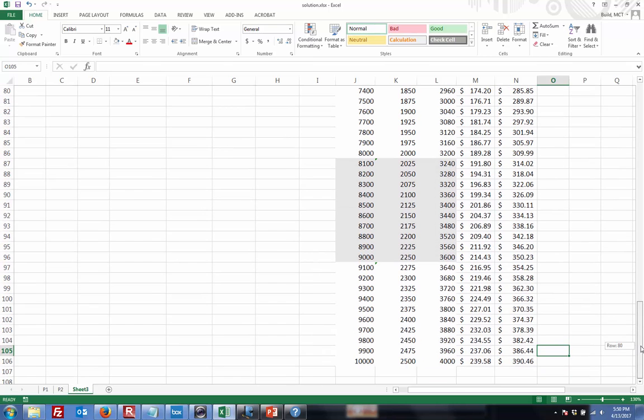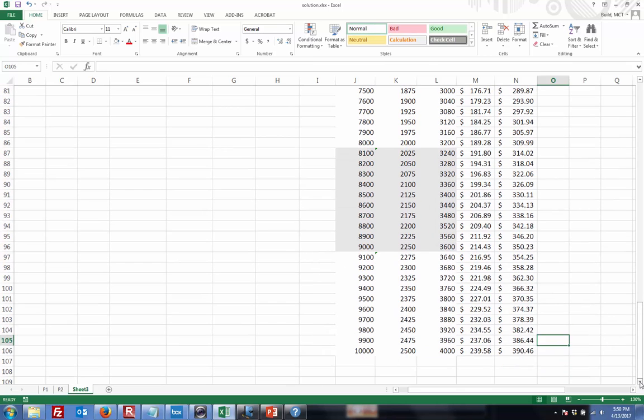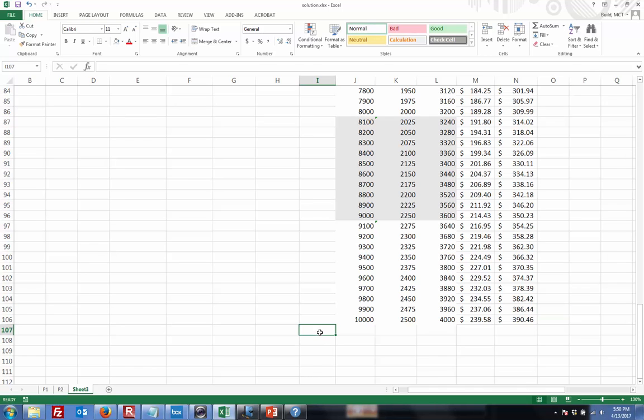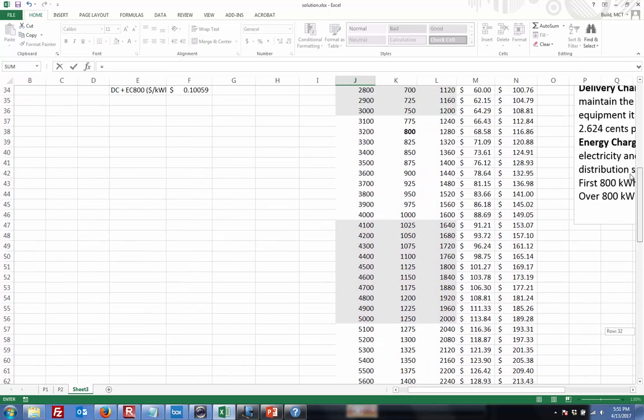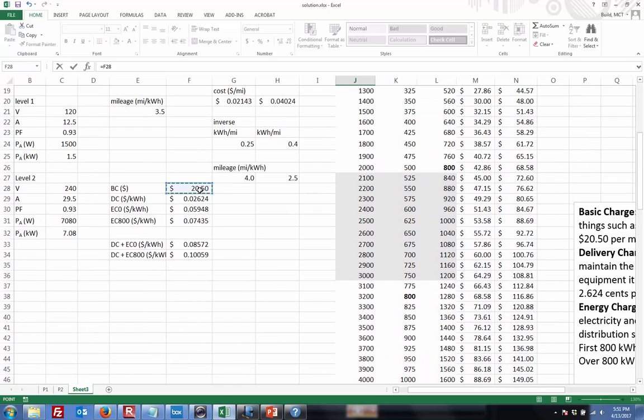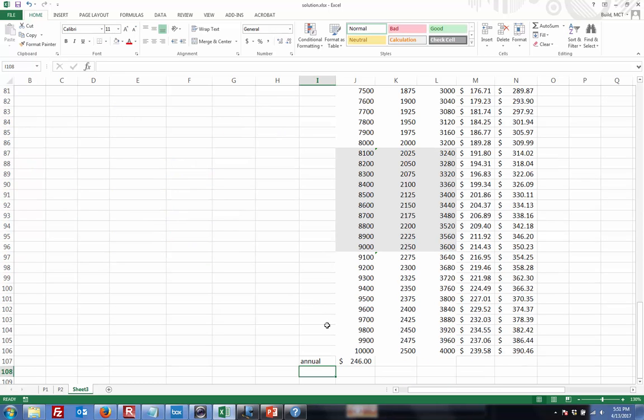So you can drive for 10,000 miles, and basically, we'll just say annual. This is going to equal the basic charge times 12. Equals that.